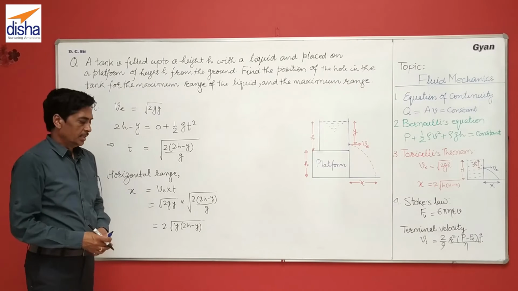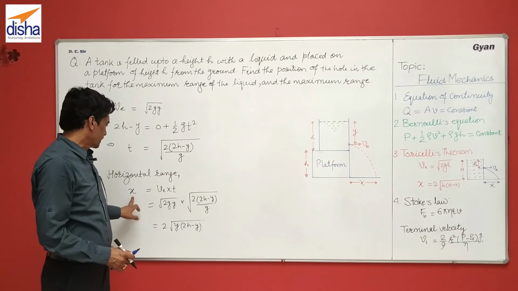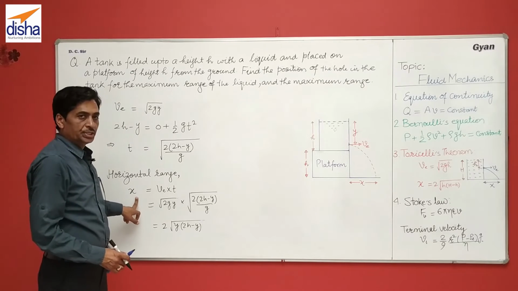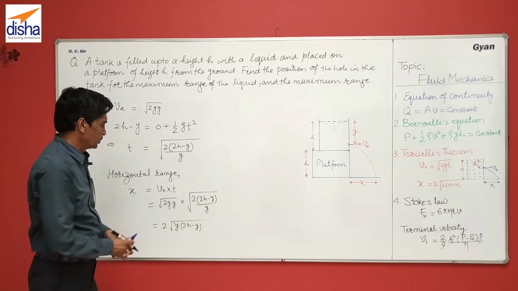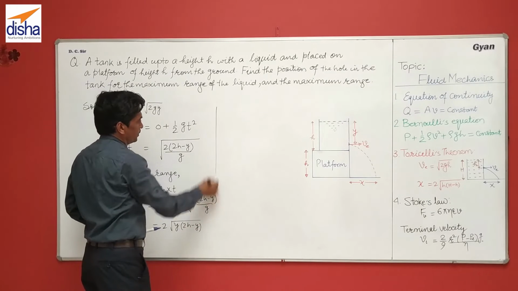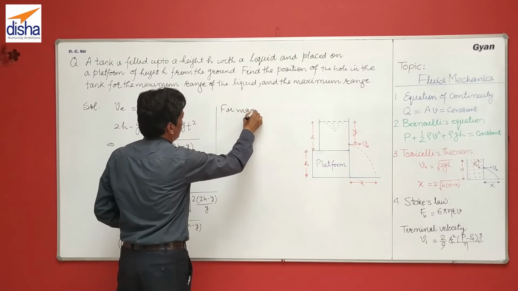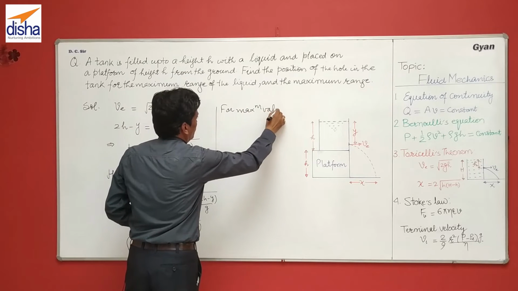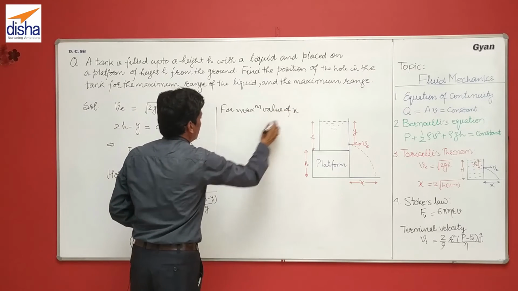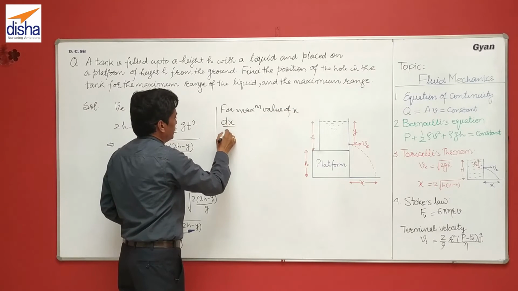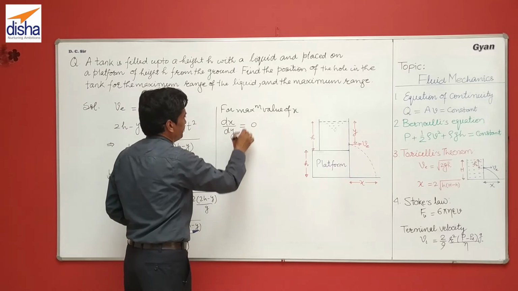Okay. Now to get the maximum value of x, differentiate this with respect to y and put it equal to 0. For the maximum value of x, dx over dy is equal to 0.